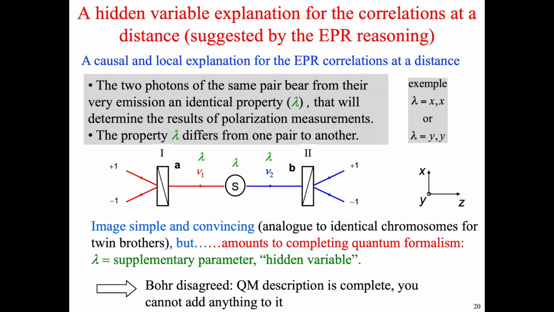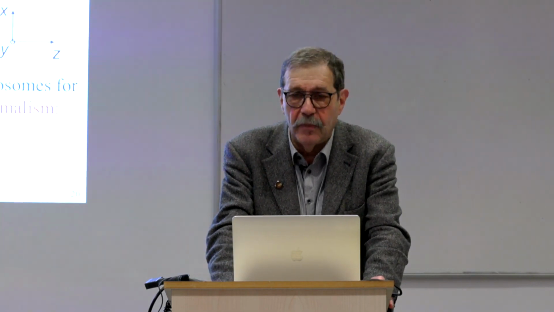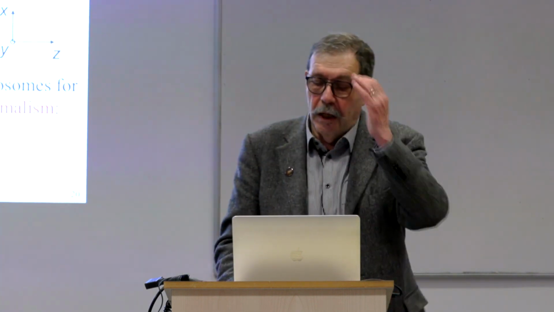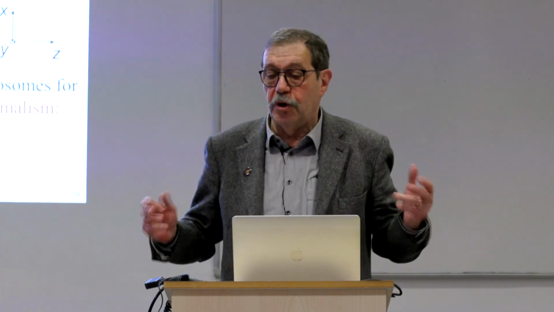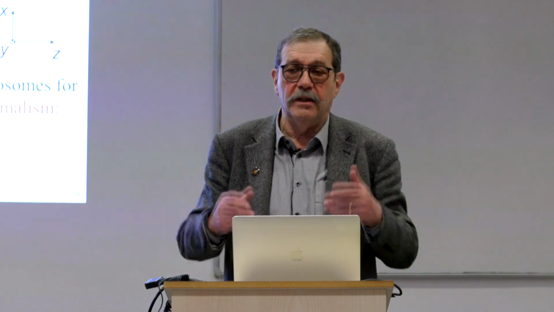It's not complicated to understand that it's a good way to understand correlation. It's an image which is used all the time in science. For instance, if you have two identical twin brothers, homozygotes, and suppose they are born here, and then one goes to America, one goes to Australia, and when the age is 20, you observe the color of the eyes.